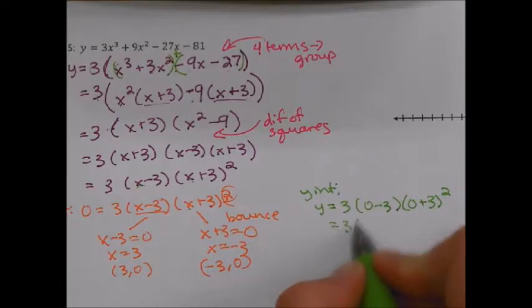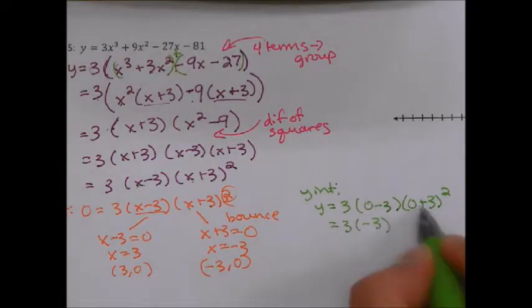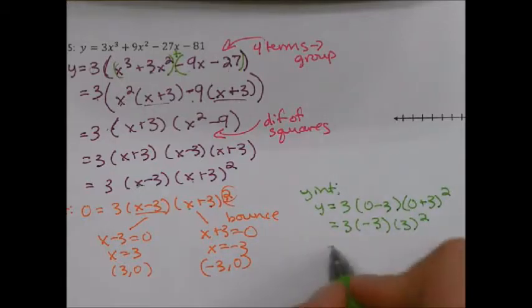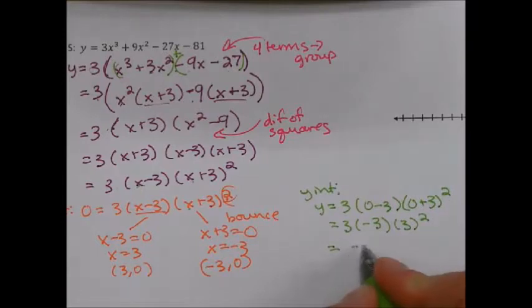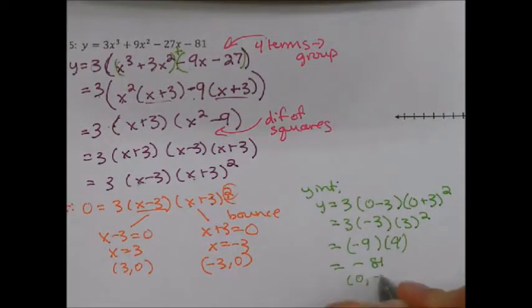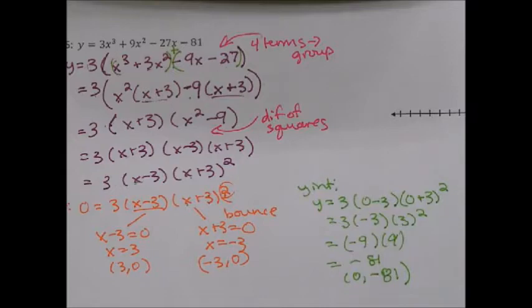That's 3, that's negative 3, that's 3 squared. 3 times negative 3 is negative 9, times that's 9, so I get negative 81. Go ahead and sketch this graph.